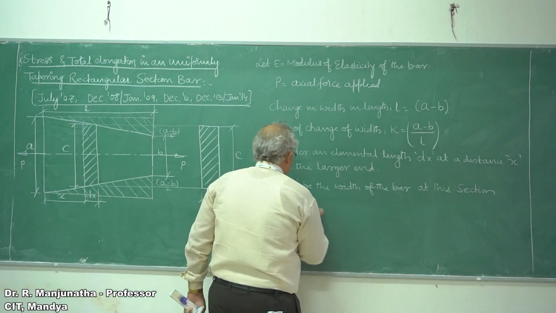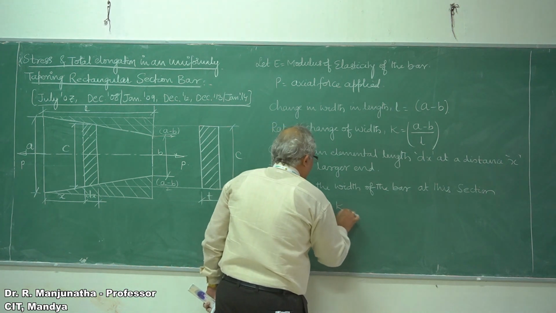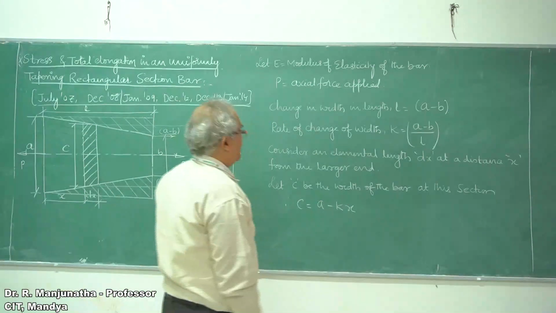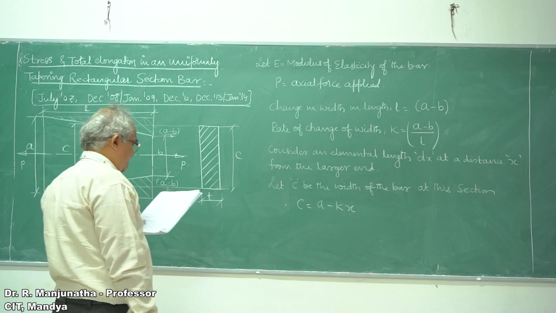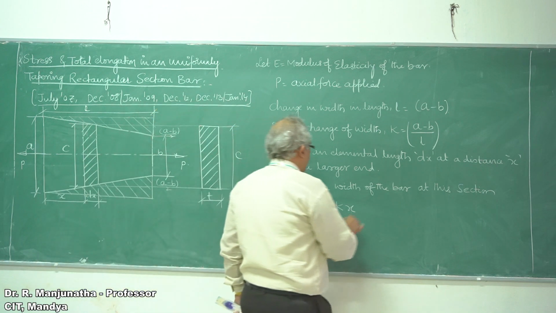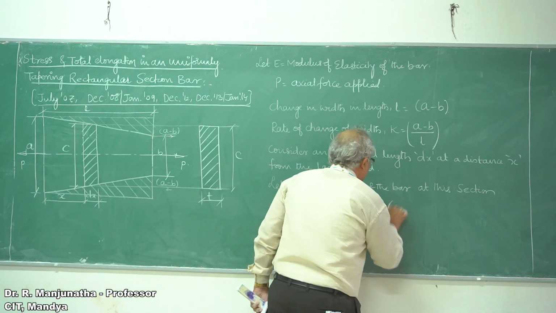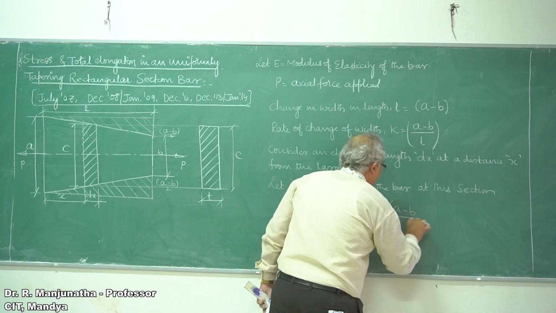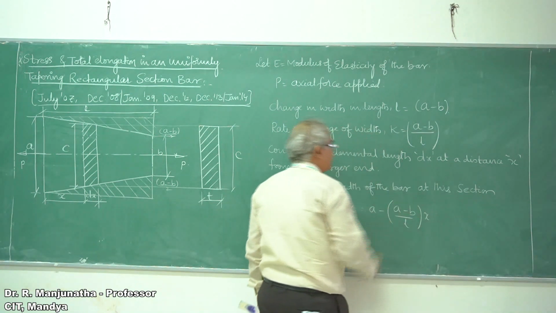Therefore C will be equal to A minus K into x, that is A minus (A minus B) by L into x.